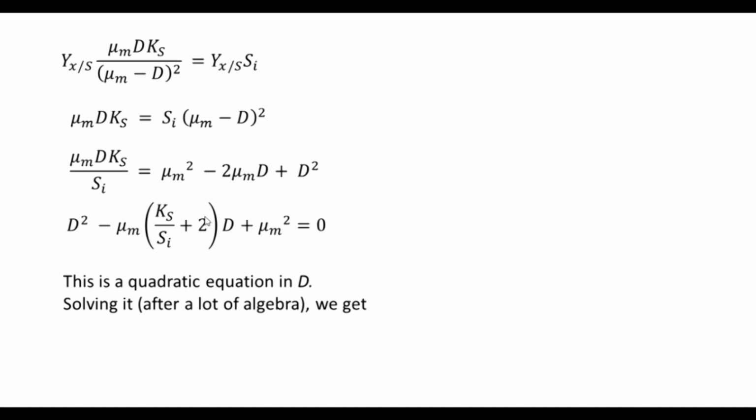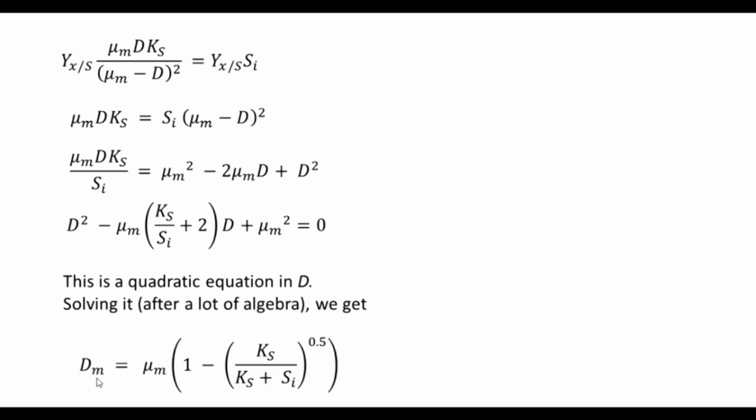If you recall, the solution is minus b, and this is a quadratic expression in D, therefore a is 1 here, the coefficient of D squared, the coefficient of D, which is b, is mu m into Ks by Si plus 2, and c happens to be mu m squared here. Therefore, the solution is minus b plus or minus the square root of b squared minus 4ac, by 2a. If you do that, you will get this.